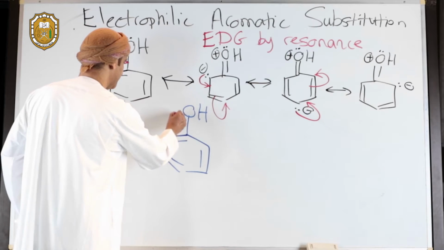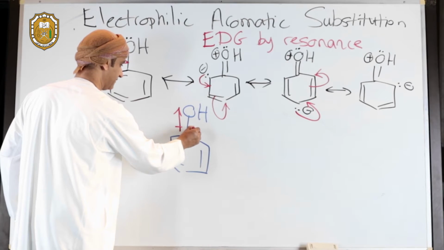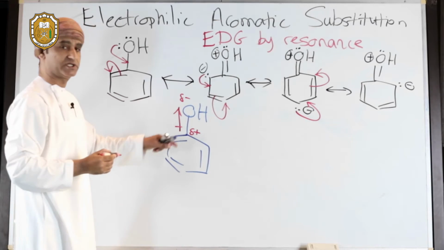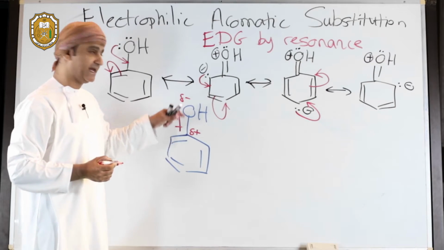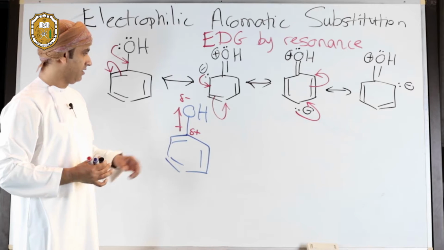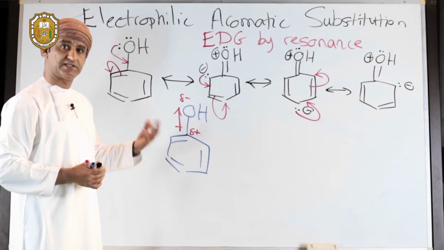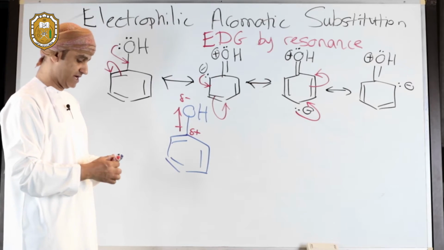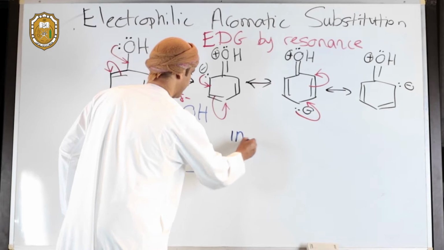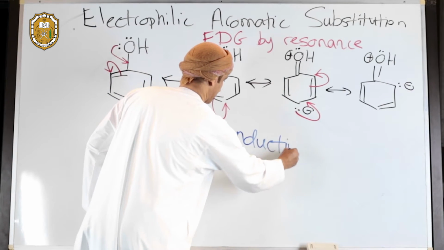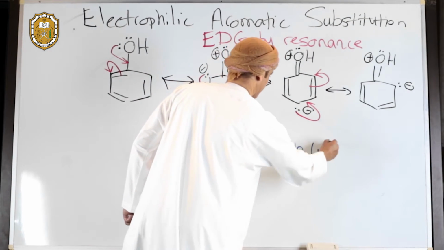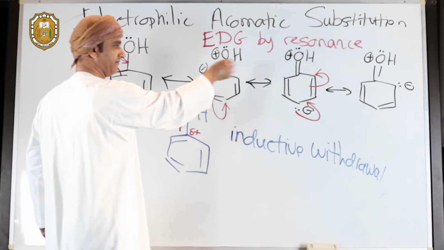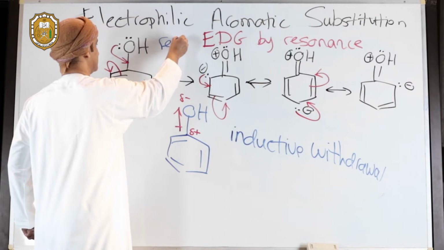So if this happens, now this leaves a positive partial charge on this carbon and a negative partial charge on oxygen as a result of this inductive effect. So it's actually inductive withdrawal, and obviously what we have done before is resonance donation.